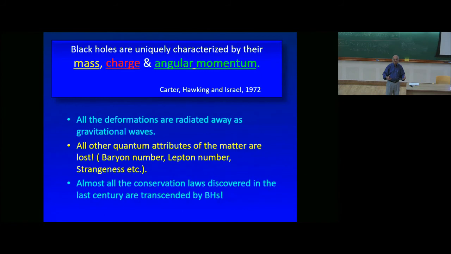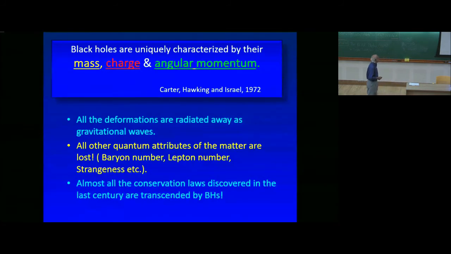Suddenly, as John Wheeler said, if you made a black hole out of television sets, you made another black hole out of cars, you made another black hole out of electrons and neutrinos, you can't tell the difference. All you know about a black hole is its mass and angular momentum. Charge is not relevant in an astronomical context, but mathematically, charge is also allowed.